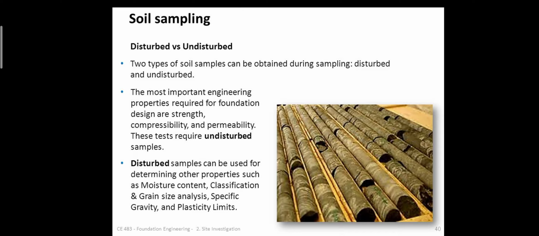Technically we call it an undisturbed sample, but we don't always get undisturbed samples. There are situations where we get only disturbed samples. So sample types are of two kinds: one is the disturbed sample and the other is the undisturbed sample.